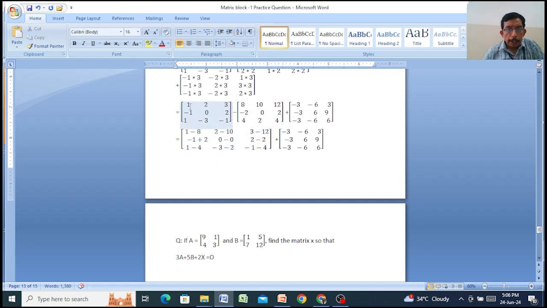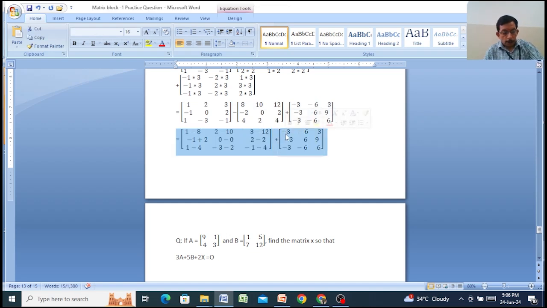So again check: 1 minus 8, 2 minus 10, 3 minus 12, minus 1 plus 2, 0 minus 0, 2 minus 2, 1 minus 4, minus 3, minus 2, minus 1, minus 4. Now we solve in the matrix.